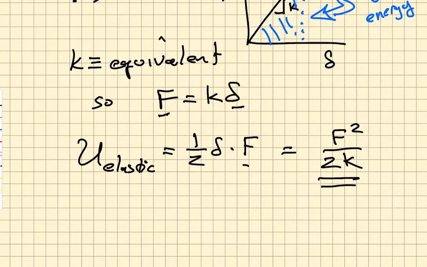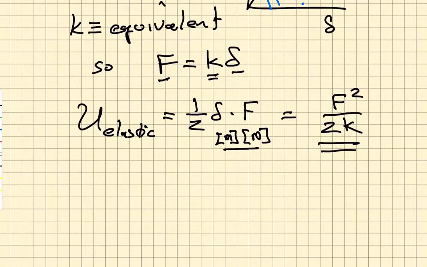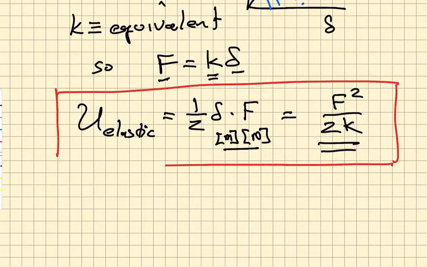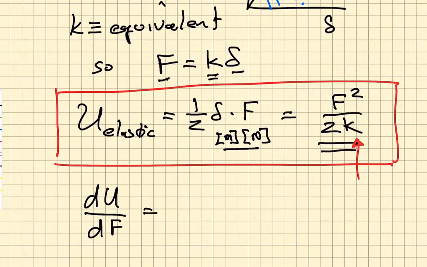We're doing work. So this elastic work term has a very simple relationship to the applied load and the spring constant for the structure. If we take the derivative of the elastic work with respect to the force, we find that it is simply equal to F over K. But recall, F is equal to K times delta.